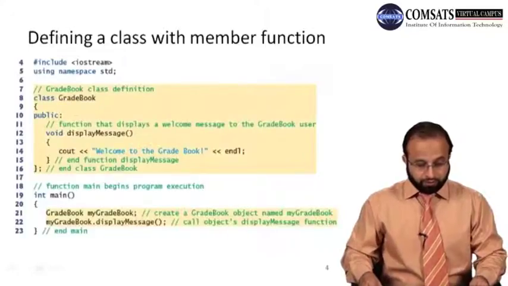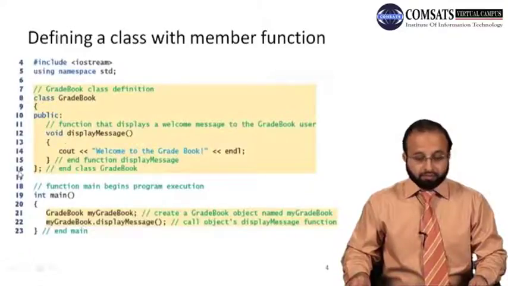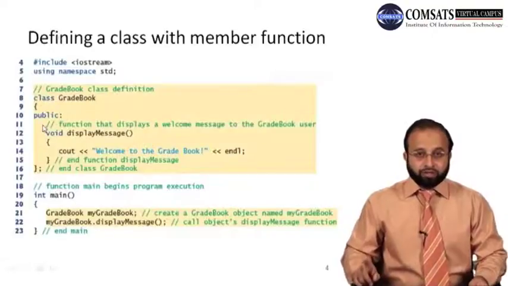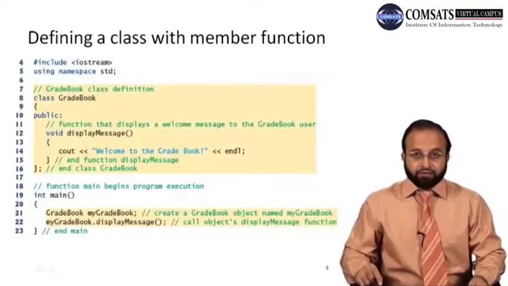This is the class we have seen last time. Here you can see the class definition starts from line number 8 and ends at line number 16. It starts with the opening curly brace in line number 9 and the closing curly brace at line number 16, followed by a semicolon. There is only one function inside the definition of this class.